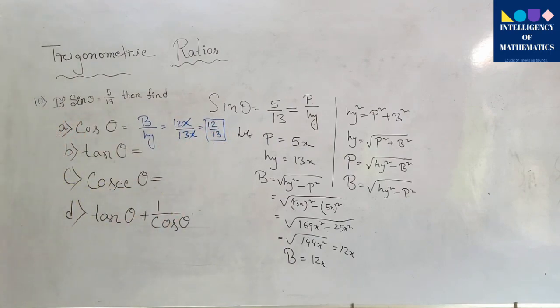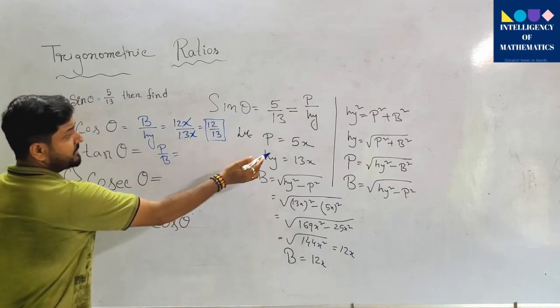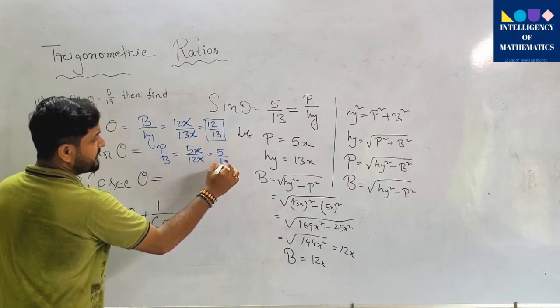Same way, for tan theta, we know it is perpendicular by base. Perpendicular is 5x, base is 12x. x cancels, and the answer is 5 by 12.